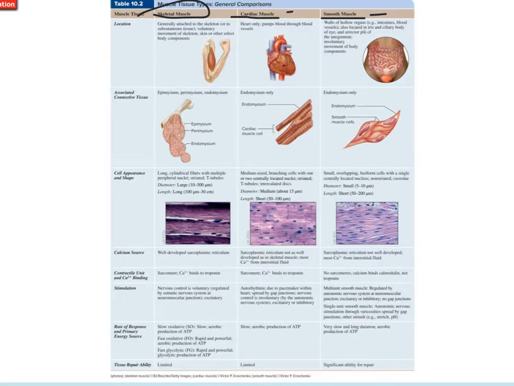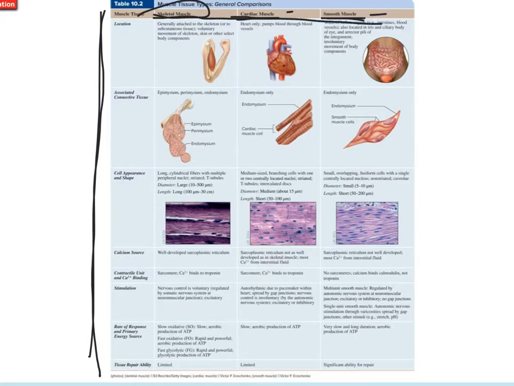This is a good time to familiarize yourself with the comparisons between skeletal, cardiac, and smooth muscle to start building that foundation, so that when you get to looking at the cardiovascular system and various systems with smooth muscle, you have an idea of the differences and associations, where they're found, appearances, sources of calcium, that sort of thing. So you want to be familiar with this as a general comparison between the three different types of muscle.